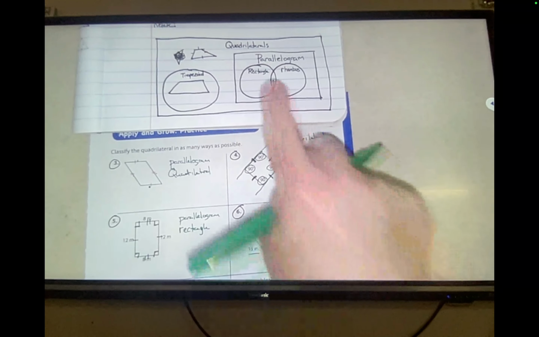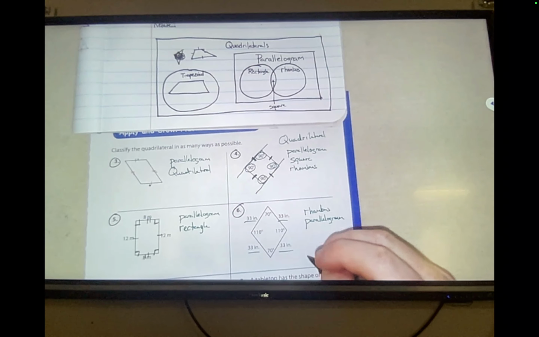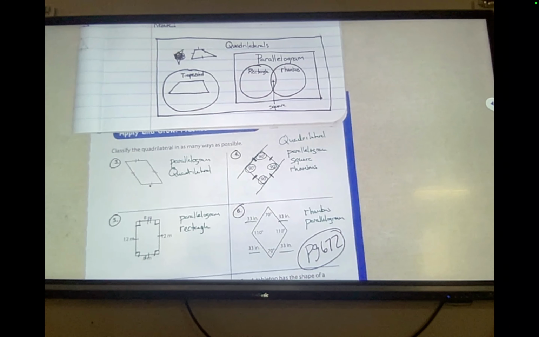So can you see how this is kind of helping you a little bit? And it really helps when there's not any words. So look in your book, turn to page 672, page 672. We're going to look at these 2 on here.